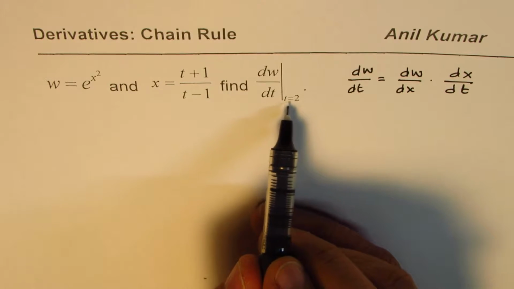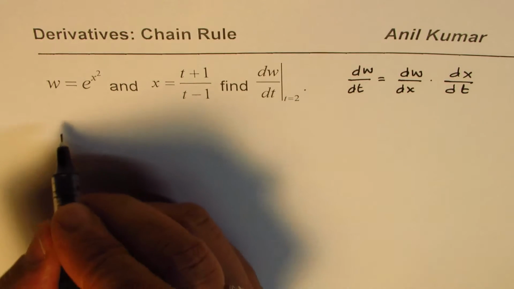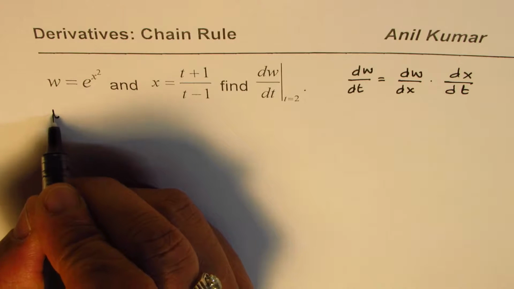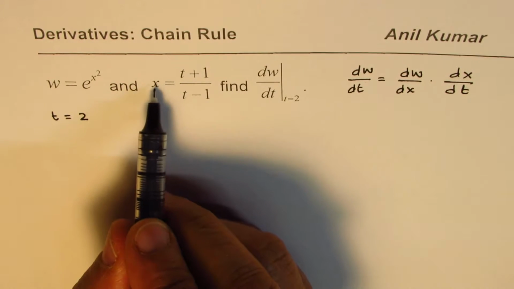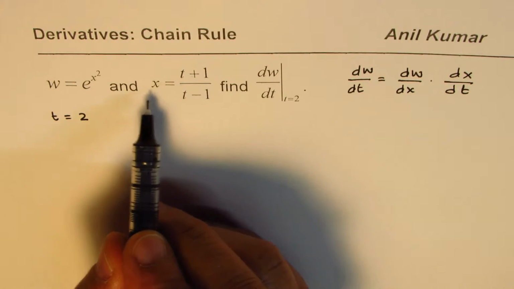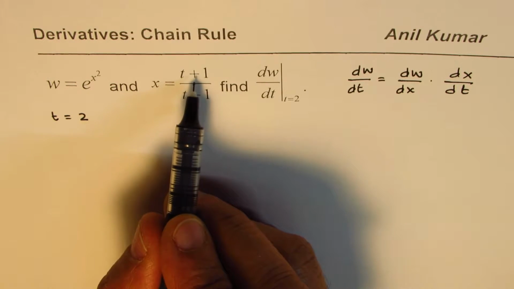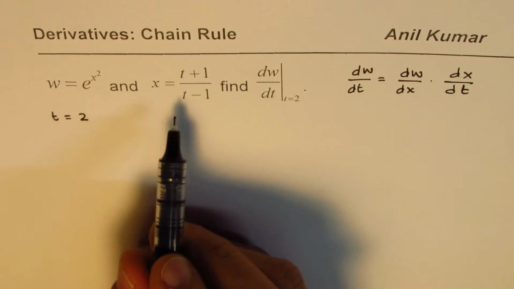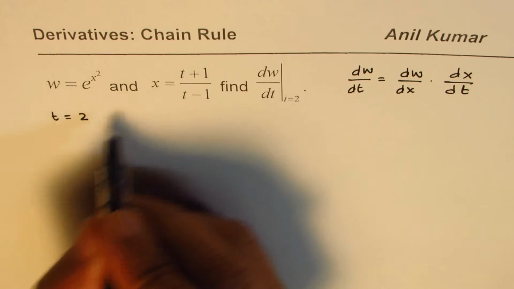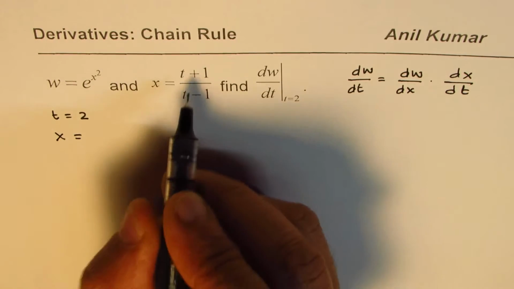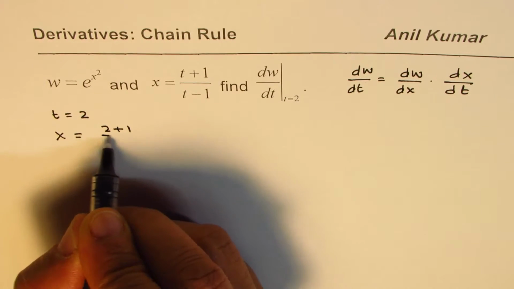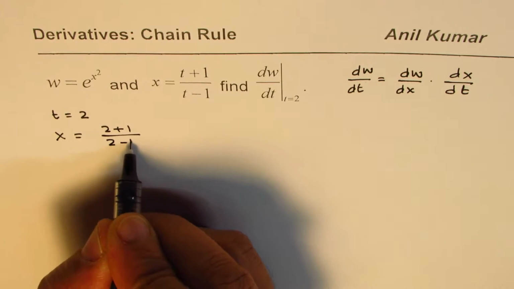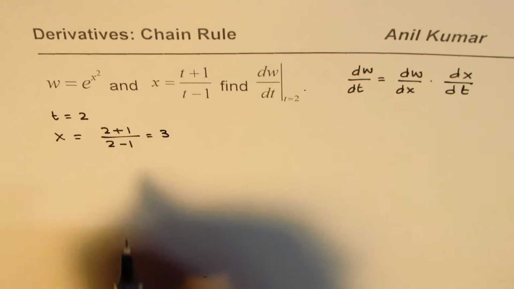Now, t is 2. If t equals 2, then what is x? It is very important to calculate that also before we begin. So if t is 2, then x is equal to, replacing t with 2, 2 plus 1 over 2 minus 1, which is 3.